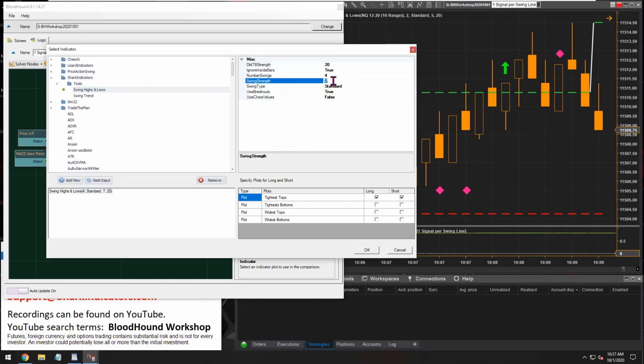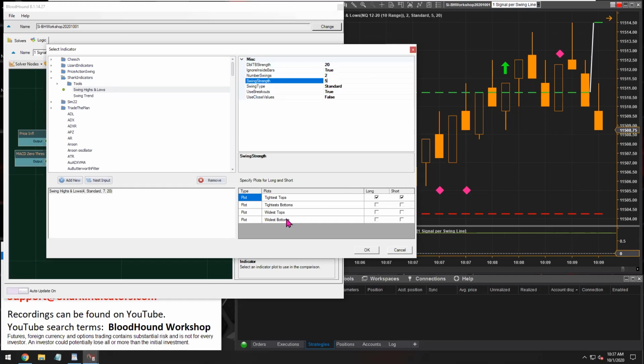The next thing I need to do is adjust the settings so that they match what I'm using on the chart. Remember, when I put the swing highs and lows on the chart, I adjusted the settings to 2 and 5. So number of swings is 2, the swing strength is 5.